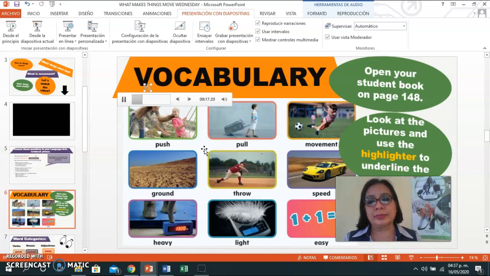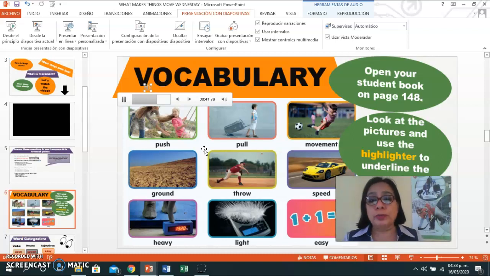Push, pull, movement, ground, throw, speed, heavy, light, easy. Repeat now.